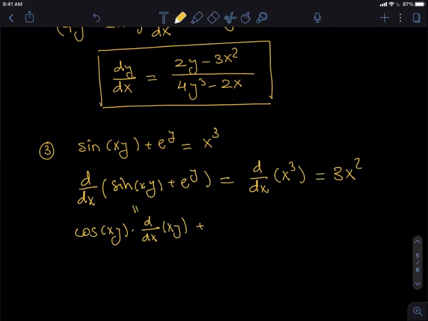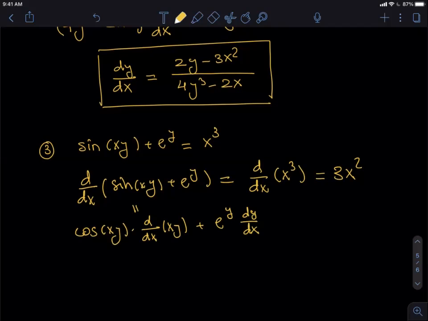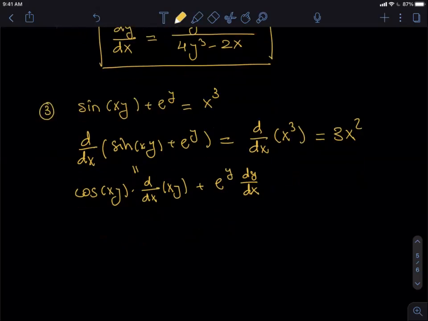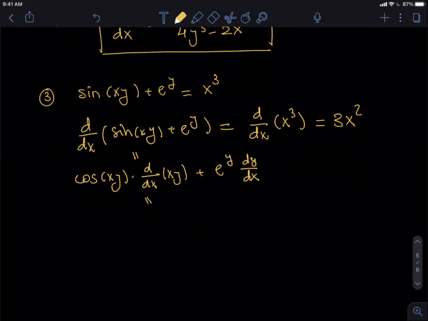And then the derivative of the exponential of y is e to the y, and then dy/dx, because we need to take the derivative of what is inside. And now this is cosine of xy times (y plus x dy/dx) plus e to the power y dy/dx.